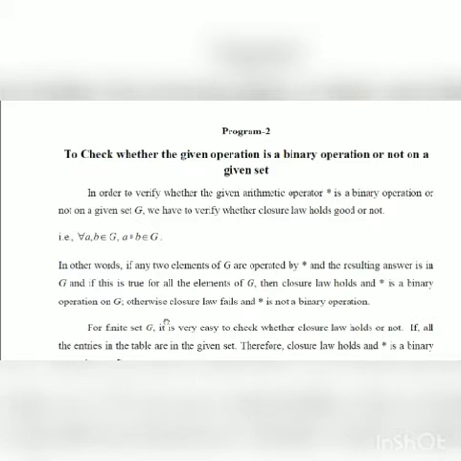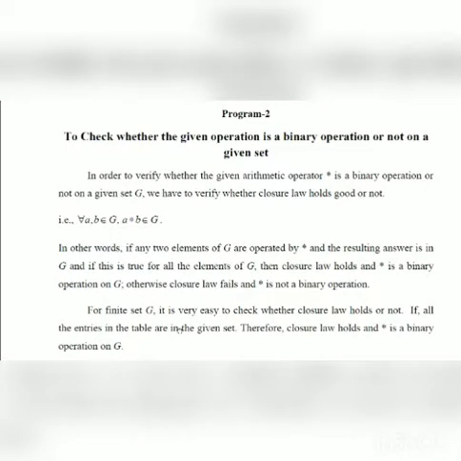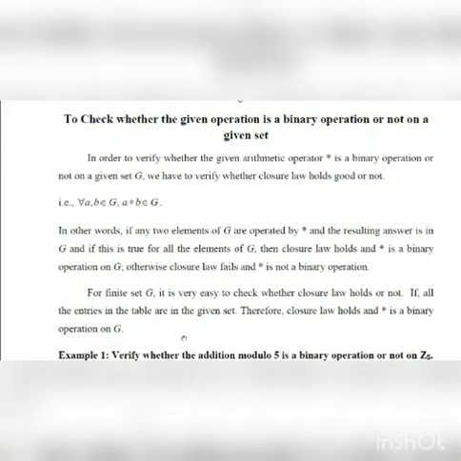They are A star B, that is, you operate the row heading and column heading values and write the result. So in the finite case, you construct the table, and if all the values in the table are present in G, then we say closure law holds. Otherwise, closure law fails and star is not a binary operation.